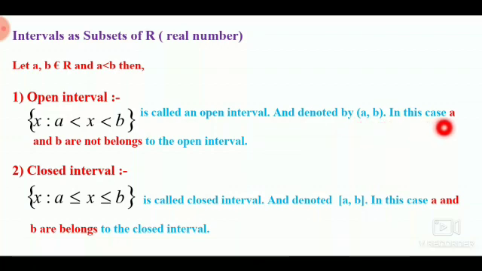In this case, the elements A and B do not belong to the open interval. Meaning, in the open interval, A and B are not inclusive. These boundary elements are excluded.